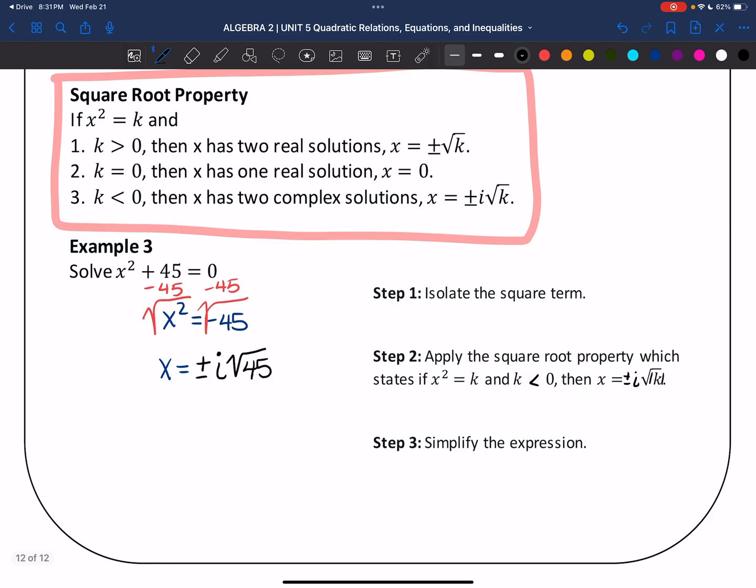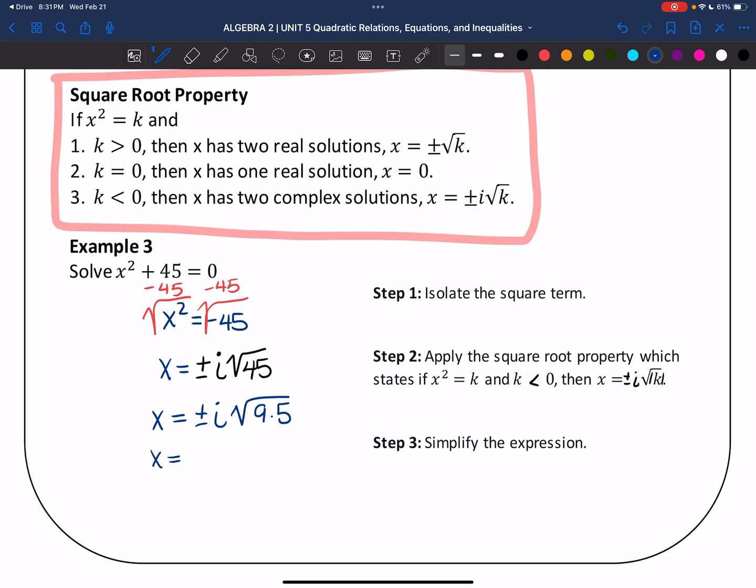Okay, now, can we simplify the square root of 45? Earlier this year, we looked at simplifying radicals, and so we would ask ourselves, is there a perfect square that is a factor of 45? Yes, there is. It is to multiply 9 and 5 together. 9 is that perfect square.